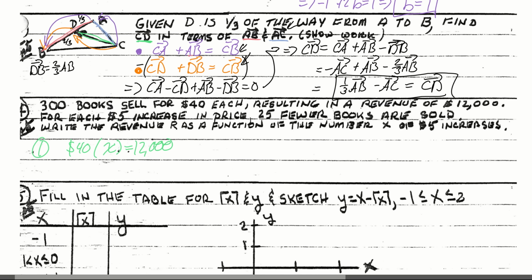And for each $5 increase, so if you increase your dollars, let's say 40 plus Y, it's going to be 300. Here, I think it's 300. Okay. 300 minus 25 equals R.